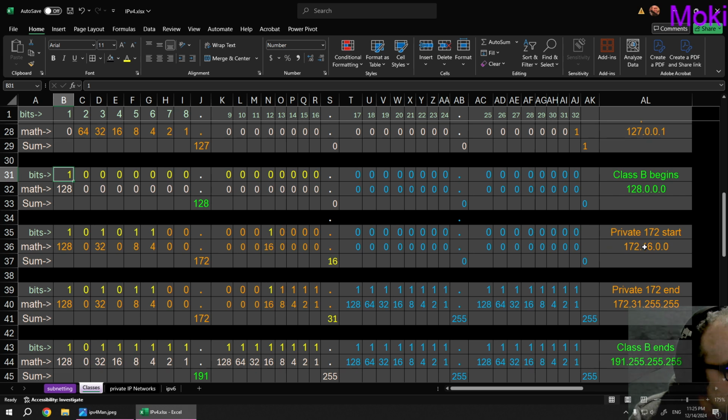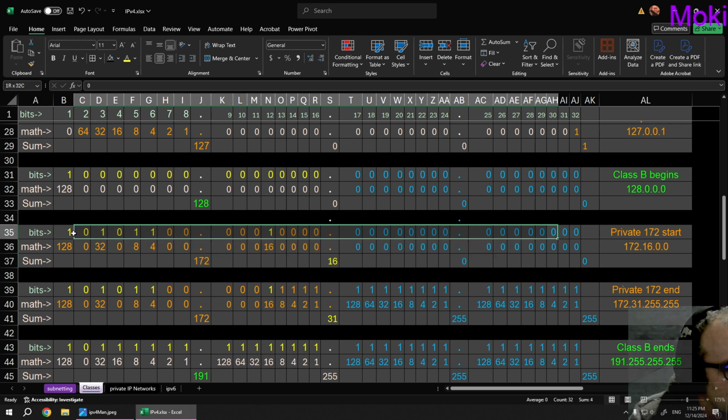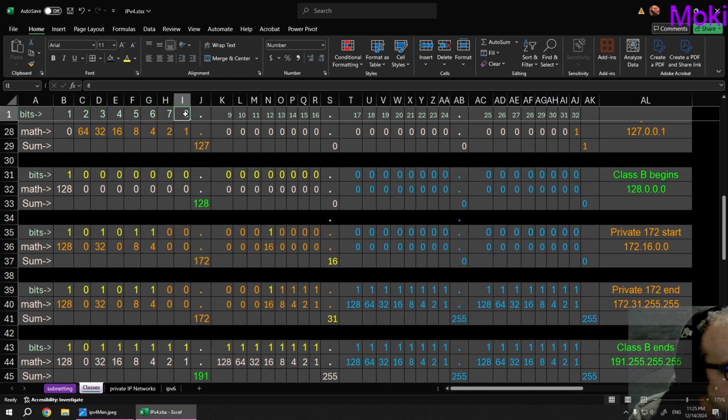When we look at IPv4, we're seeing decimal, and behind the scenes is the binary. But with IPv6, it's not 8 bits, it's actually 16 bits in one.